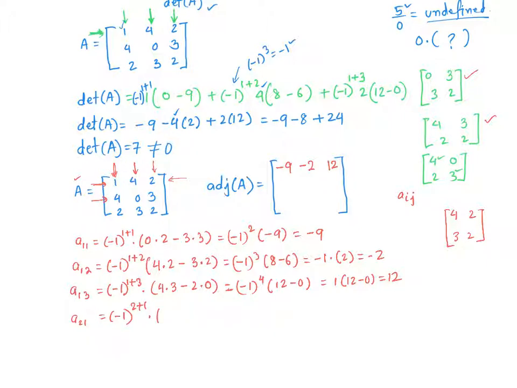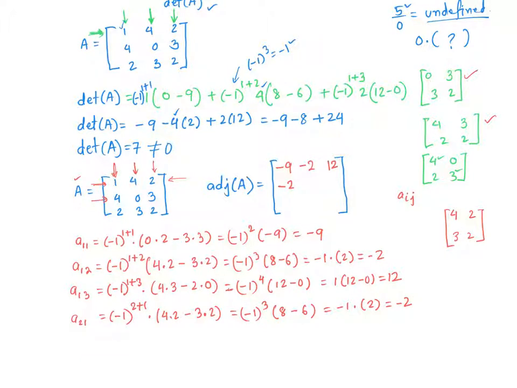So it's going to be negative 1 raised to the power 3, since 2 plus 1 is 3, times 8 minus 6. Negative 1 whole cubed is just negative 1 times 2, which gives you negative 2. So this entry is going to be negative 2.